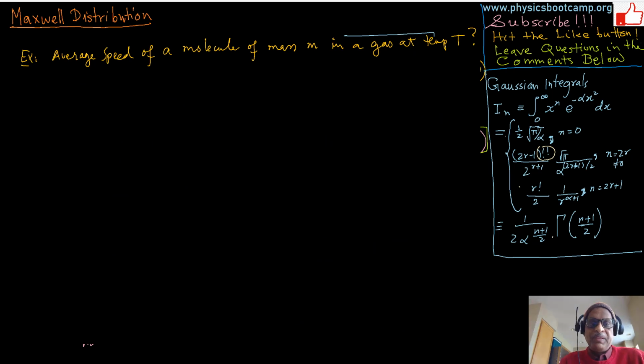Okay, so we want the average speed. So we want to average v.